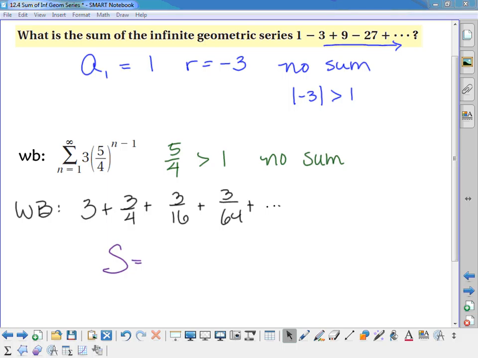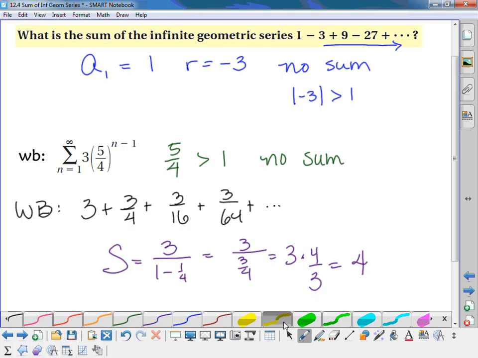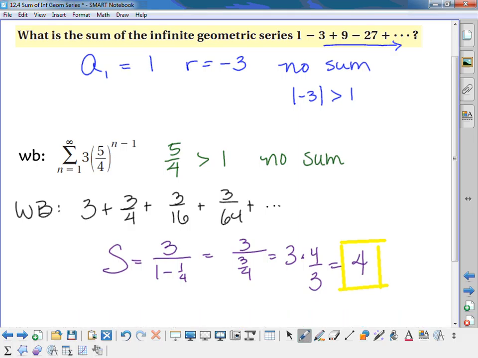All right, so a sub 1 for this one is 3. And what's my ratio? 1/4. So that's 3 divided by 3/4, which is 3 times 4/3, which equals 4. Okay? Any questions on that one?